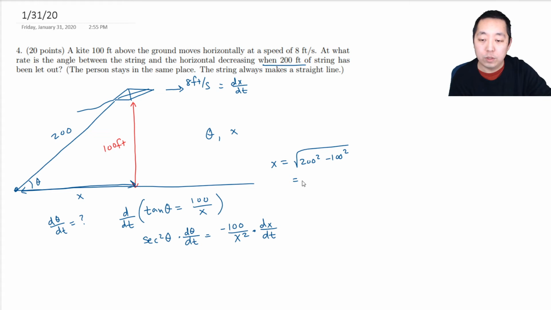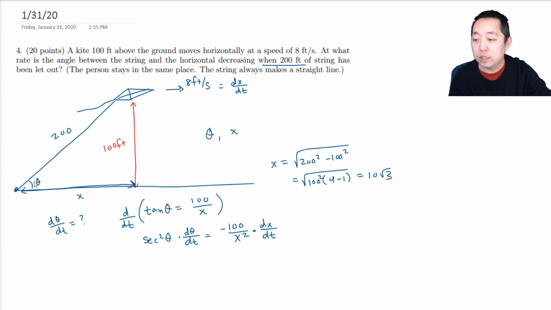I can factor out a 100 squared. It's going to be a 4 minus 1. So this is going to be 100 root 3.